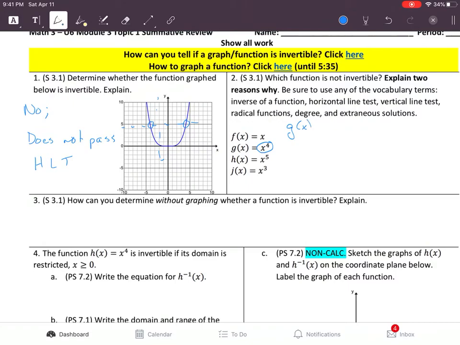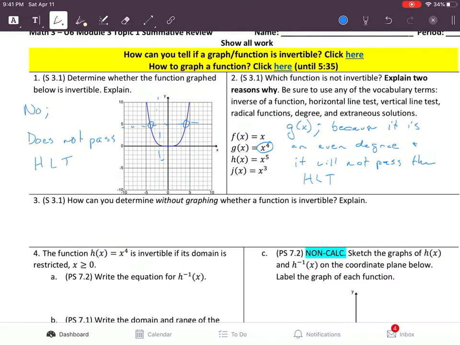So g of x is not invertible, because it is an even degree, which means it'll be a graph kind of like the one in number 1. And it will not pass the horizontal line test.